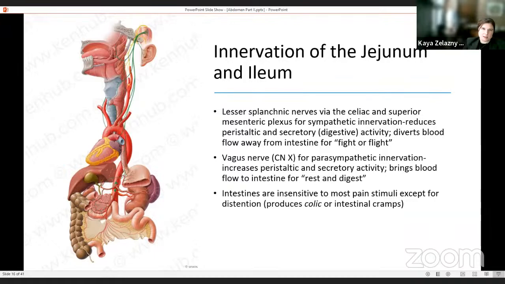But the intestines are covered in that visceral peritoneum, so they really can't sense all that much. What they can sense is distension. So your intestines are able to sense distension, right? If they're swelling up and out, if they're getting wider, right? They can sense that distension, and it's going to feel like a cramp. So it produces colic, which is just another word for intestinal cramps.